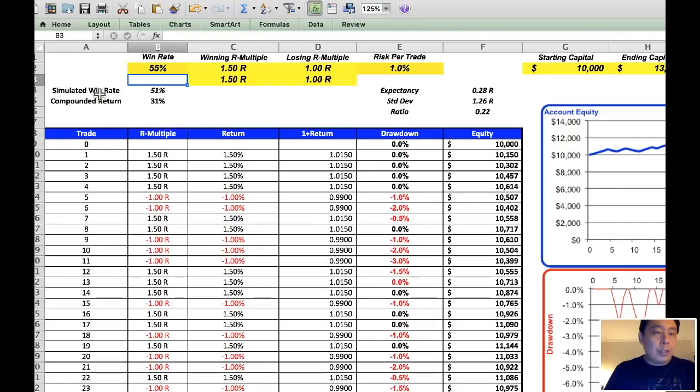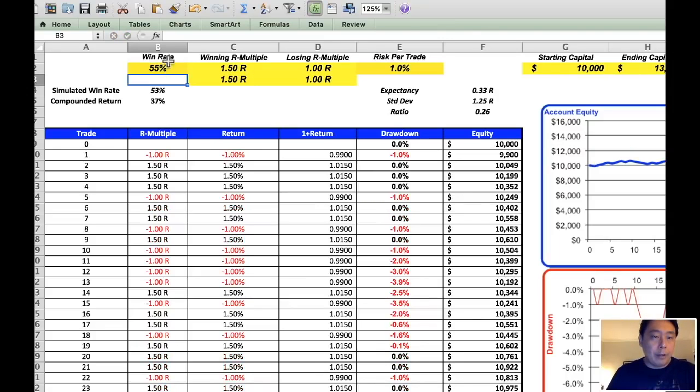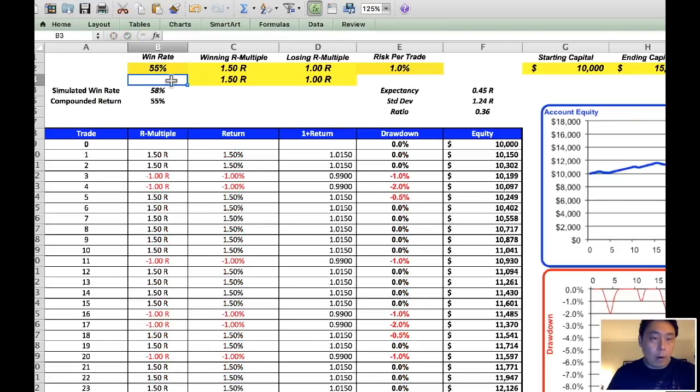Now, can you see a simulated win rate over here that says 51%? Notice every time I key in 55, I will get a different figure. Why? Because this is a simulation based on random number generators. Let me give you an example. If I toss a coin, what is the theoretical win rate of heads? 50%, right? 50% heads and tails.